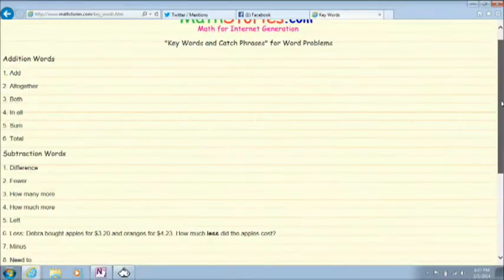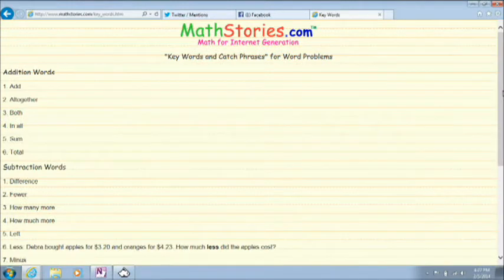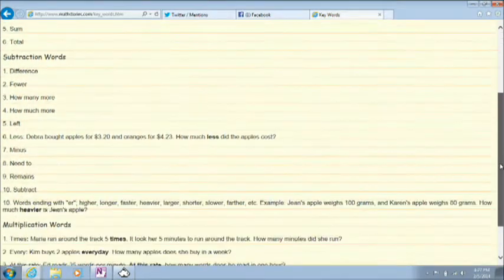So if you cut to my screen, I've got some words up on there. Addition words are things like, obviously, add, but then also altogether, if they're asking you to find a total of something, or a sum, or in all. These are all things that typically mean that you're going to add.